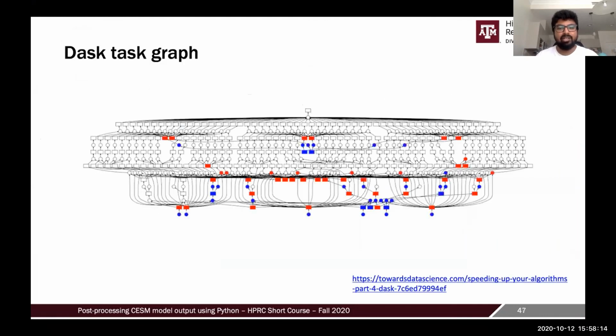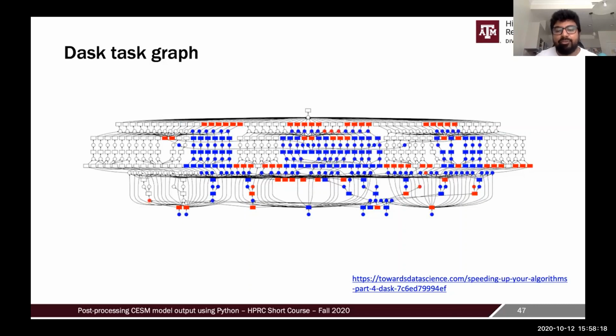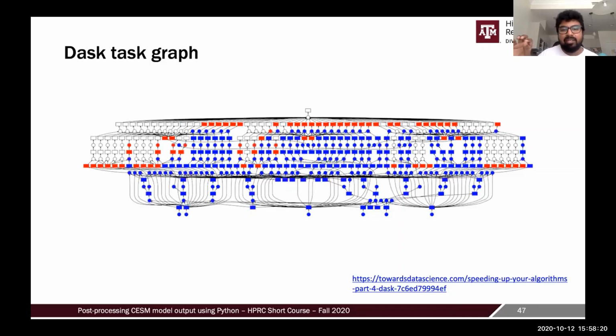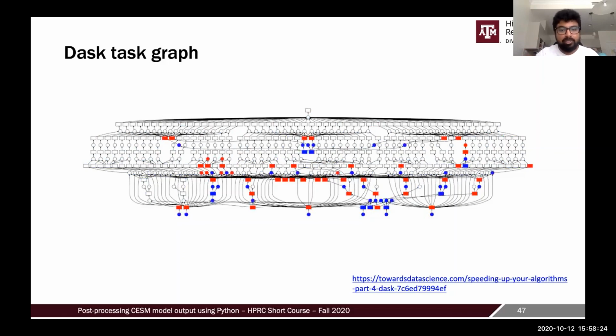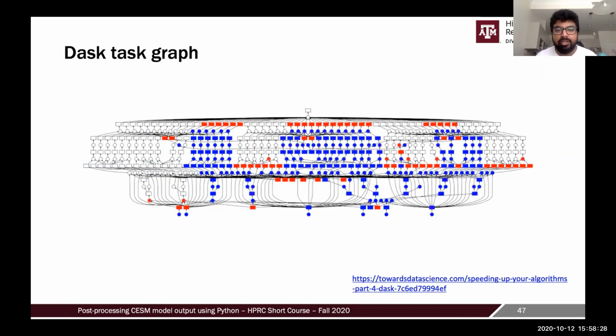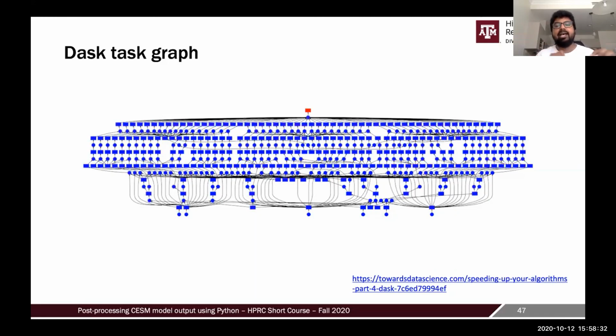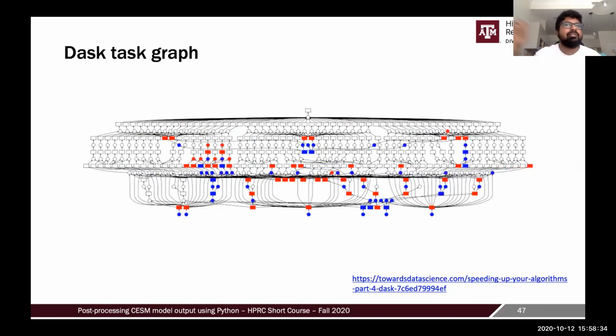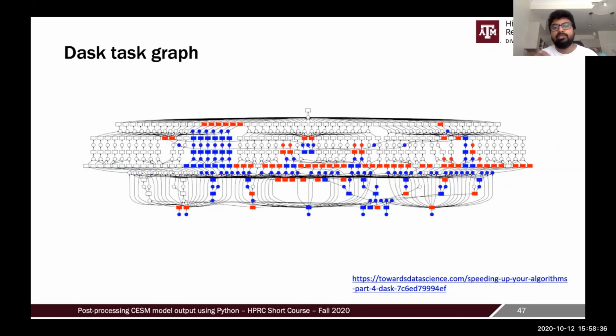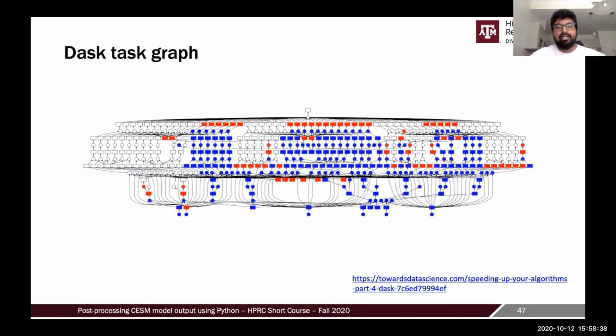And so here's an example of a much more complicated task graph. We saw a very simple one, but task graphs can be like this, or I've made ones that are much more complicated than this. This is just good looking, so I'm showing it over here. So this is all tasks operating on data, and the red means it's waiting for some task to complete and so on. You see how it's running in parallel.